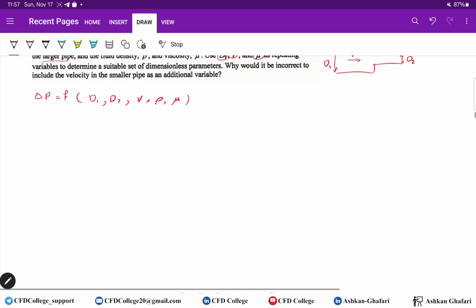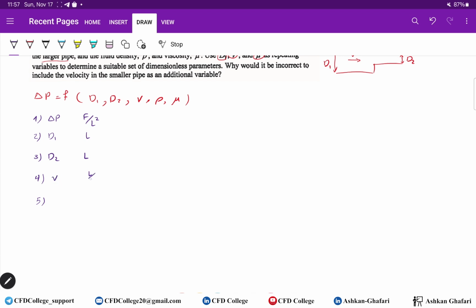In these problems, we should first make a list of variables and their units. Delta P, the unit is F over L squared. D1 and D2, the unit is L for both.